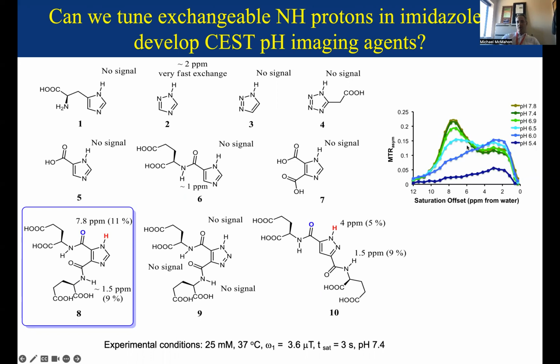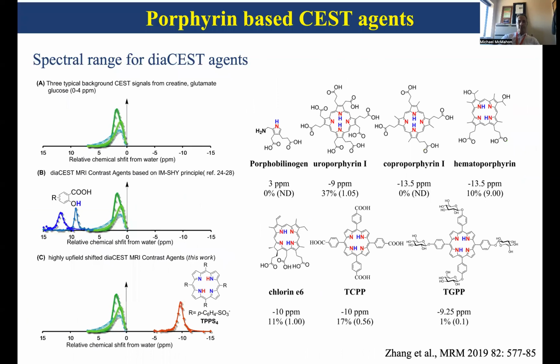And here is just to show that the Z spectra are very nice and very pH dependent, from 7.4 near ideal contrast, and then dropping down to near zero contrast at about pH 5.4. We also looked at some of the most extensively electron-rich groups in biology, which are the porphyrins.